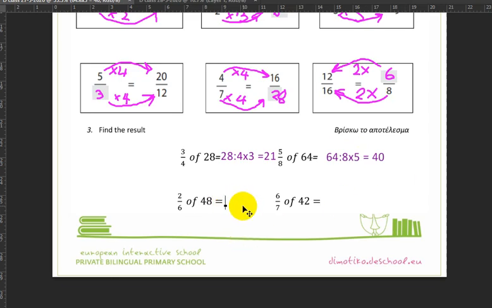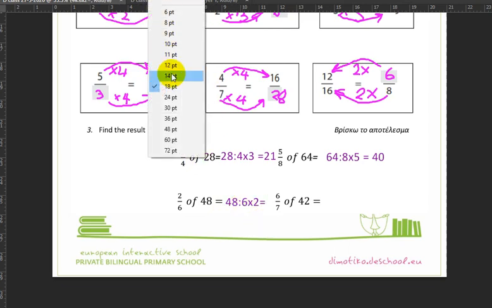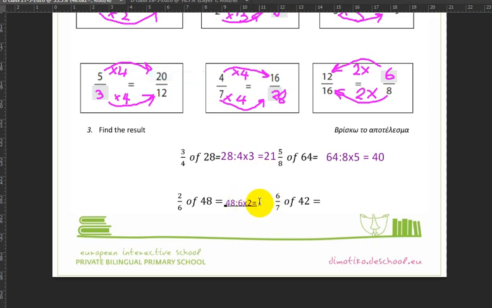Next, we want to find 2/6 of 48. So we take 48, we divide by 6, and then we multiply by 2. 48 divided by 6 will give us 8. And 8 times 2 will give us 16.